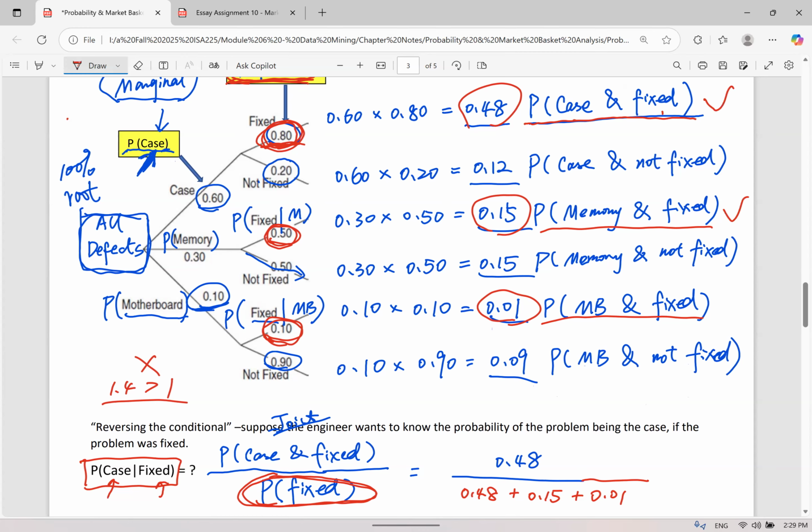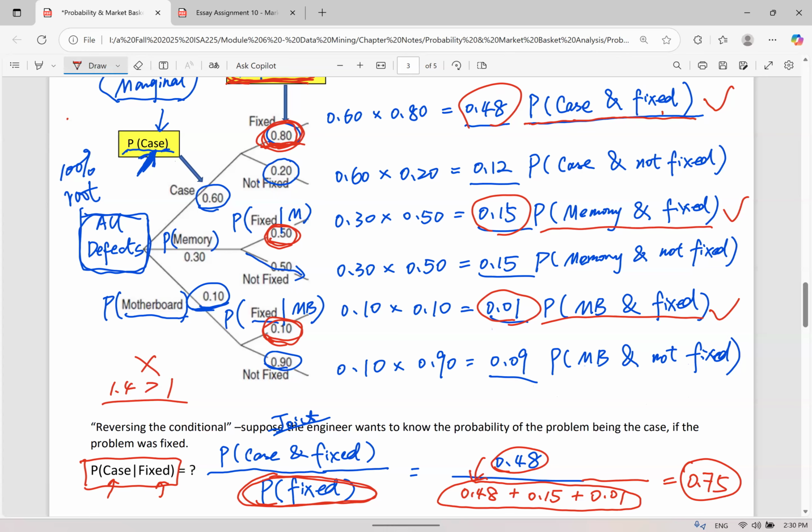It'll be this one, and this one, right? Now among all the fixed problems, which one is about the case alignment problem? Is that just the 0.48? Okay, so now you can just calculate this probability, which is 0.75. That means among all the fixed problems, 75% of them are case alignment problems.